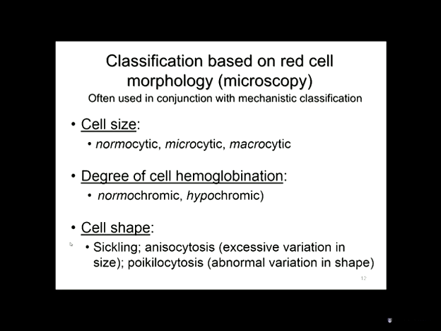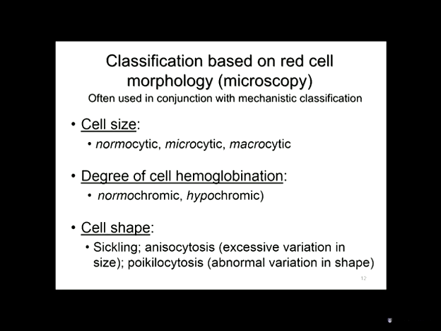And another thing that helps a lot is the cell shape. Of course, the most obvious example would be sickle cell anemia, because in sickle cell anemia, you find cells that are highly unusual for any other type of anemia. They are shaped like a sickle. That's why, of course, the condition is named after them. There are two other words to remember. Anisocytosis, that's the term used when the cells vary in size tremendously.